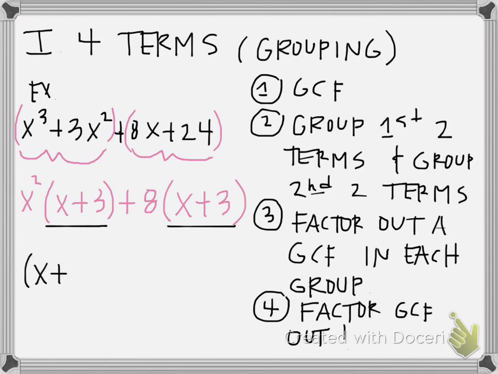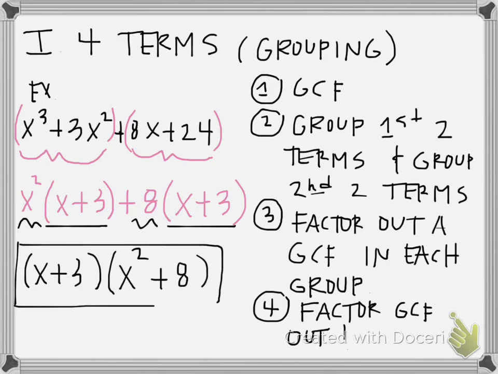So you're going to be able to put that on the outside, and what you're going to have left is what's in front of each one of those. So x squared plus 8. There you go. And you can check your answer to see if you are correct, by multiplying it out. Okay. All right, let's do an example.